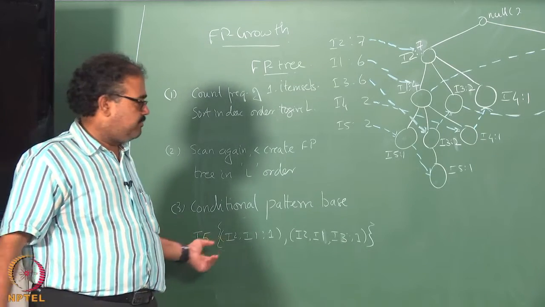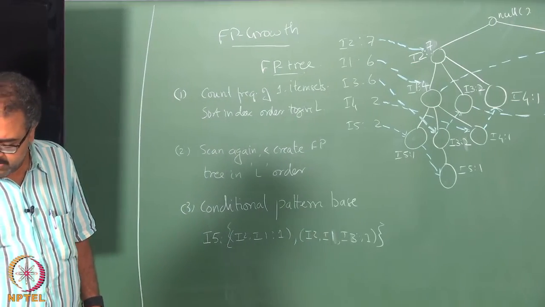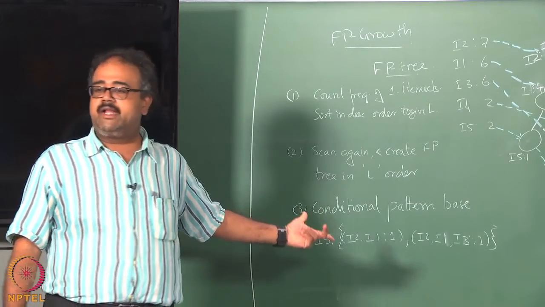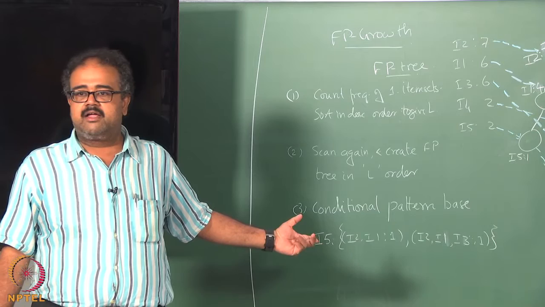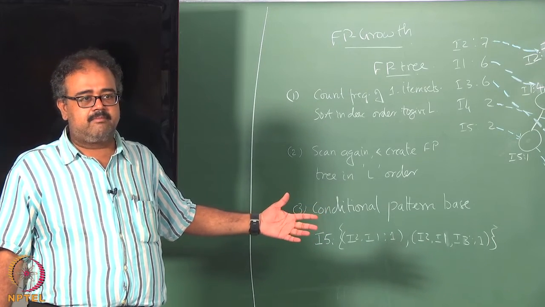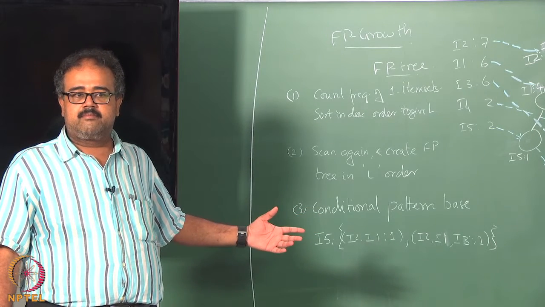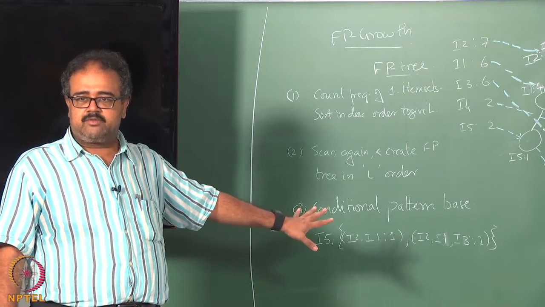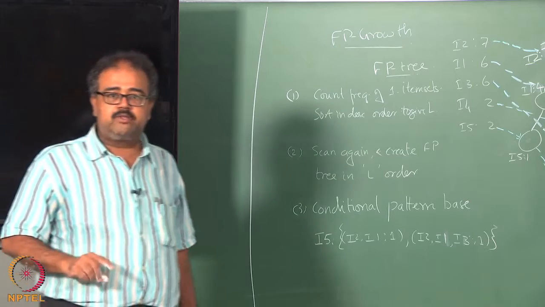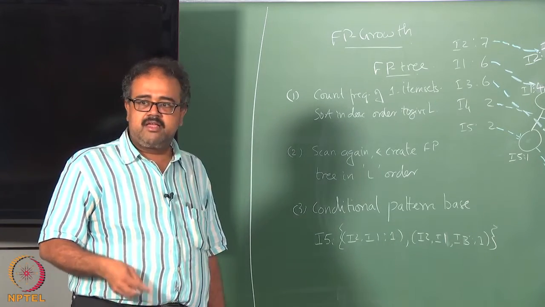Okay, so I took the things that came before I5. Now I will assume that these are my only transactions, and I will create an FP tree. But before I do that, I will ignore all the items in this conditional base which appear only once.